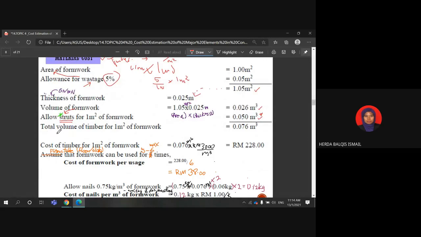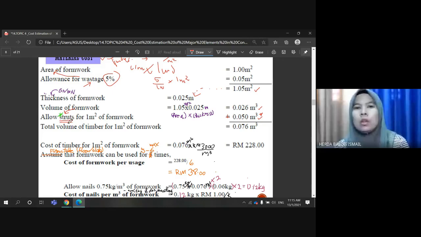And we total up the volume of timber. So 0.026 plus 0.05 for the strut. It becomes 0.076 cubic meter.